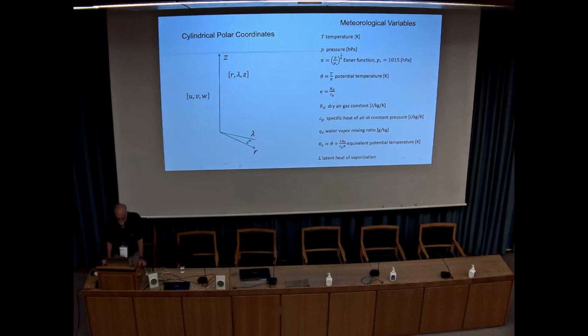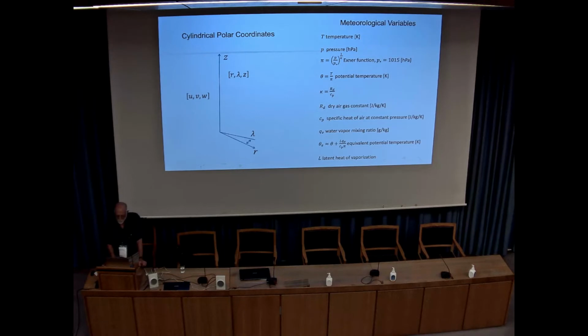Okay, so I'm going to write down the equations that pertain to this kind of hurricane. It's basically a circular flow, so cylindrical coordinates are the most convenient for solving equations related to the hurricane.